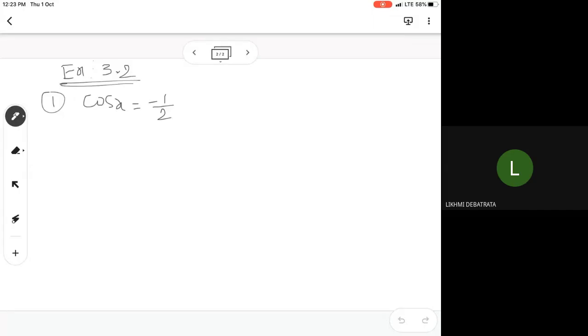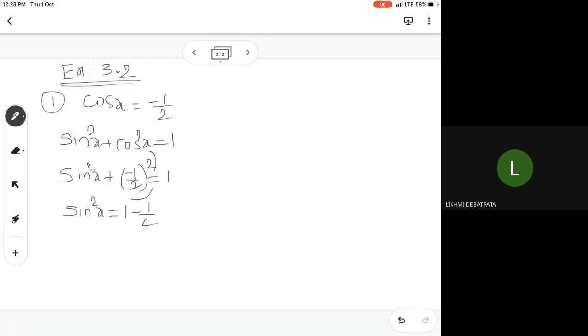So to find all the trigonometric ratios, you have the trigonometric identity: sine square x plus cos square x is equal to 1 for all values of x. So you substitute cos x here. From this you get sine square x plus minus 1 by 2 whole square is equal to 1. So sine square x is equal to 1 minus 1 by 4.